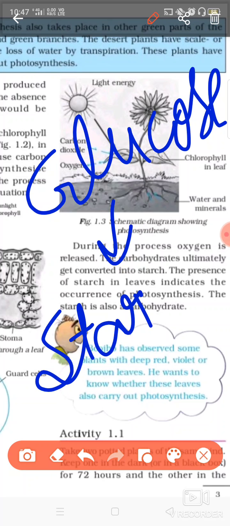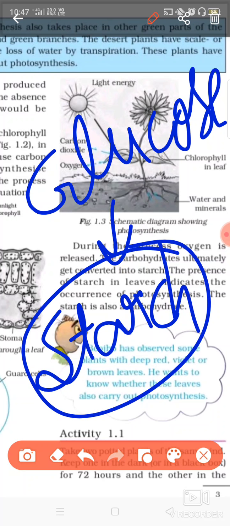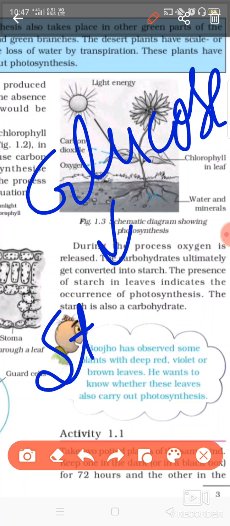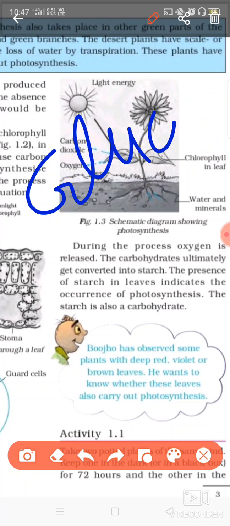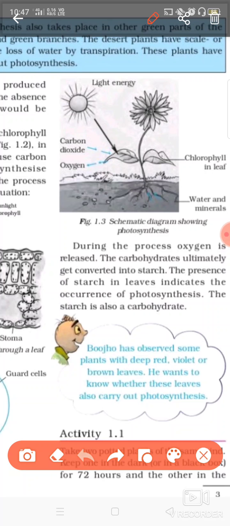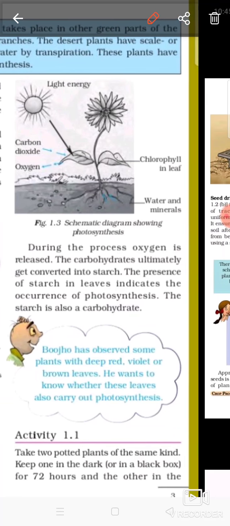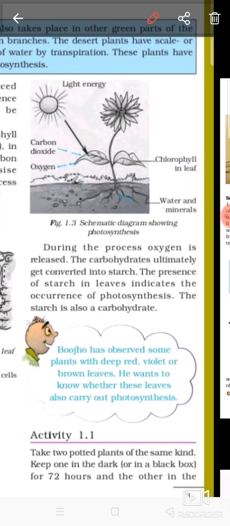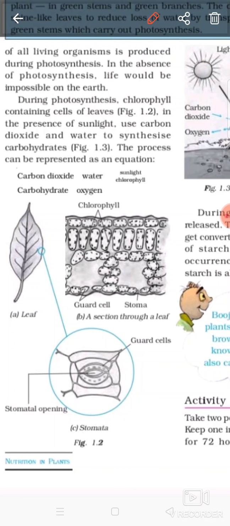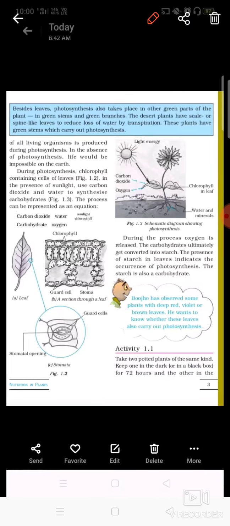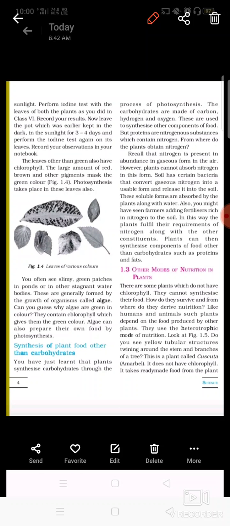Glucose is converted into another substance which is known as starch, and it is stored in the leaves or the plant parts.